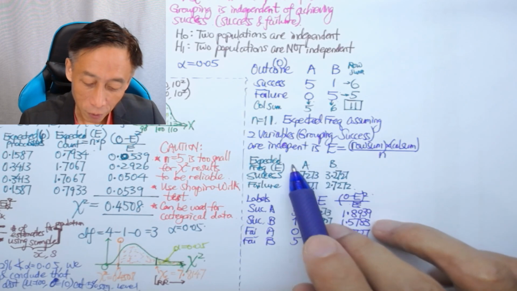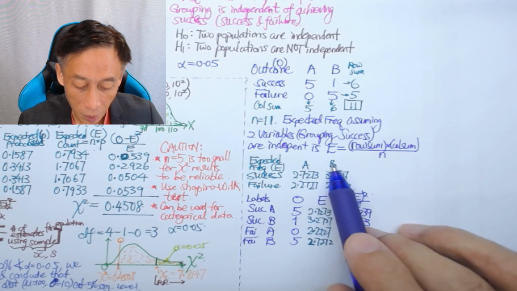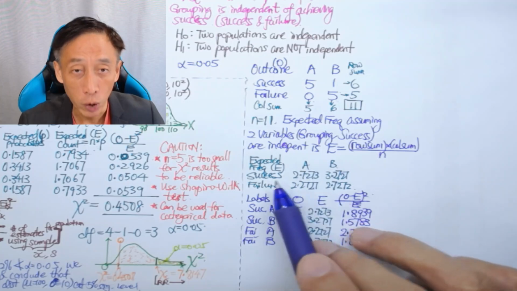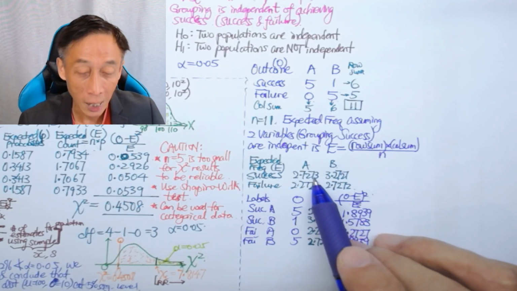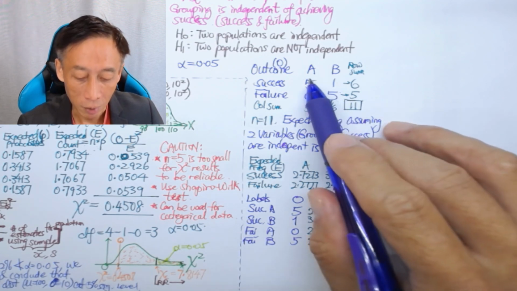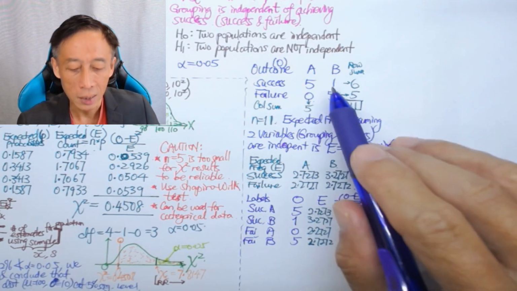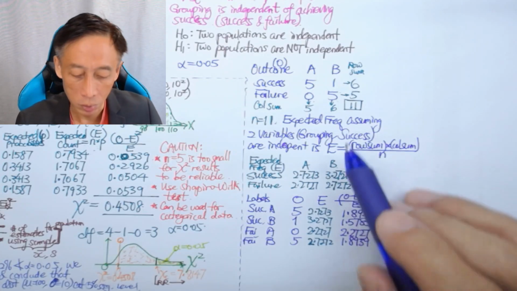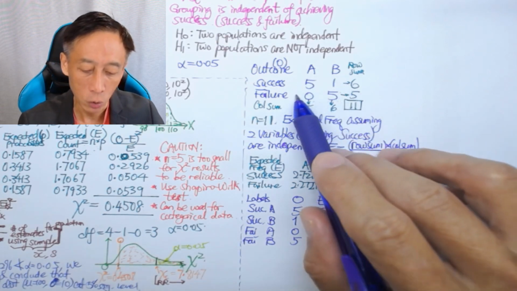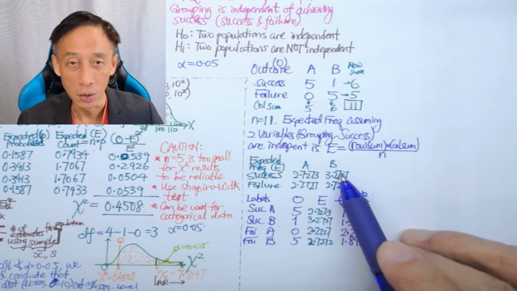If variable 1, the grouping variable, has labels A and B, and variable 2, the success variable, has labels success and failure, and if these two variables are truly independent, we expect the building heights to be at these levels, these numbers of floors. But are they? We observe 5, 1, 0, 5. So is it just due to random noise that we can ignore those differences, or is it too much to argue that the errors incurred are not significant?